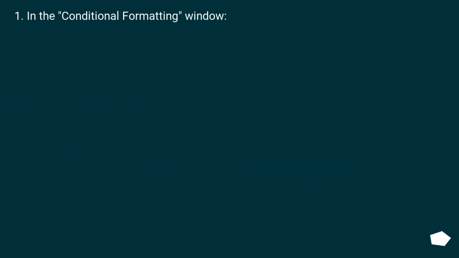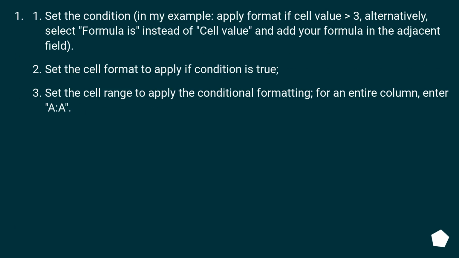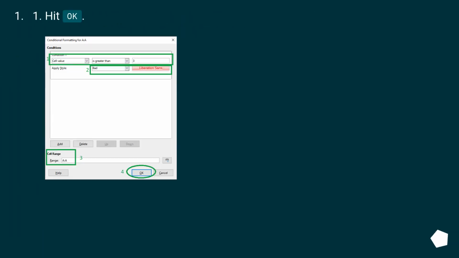In the Conditional Formatting window, set the condition, in my example, apply format if cell value >3, alternatively, select formula is instead of cell value and add your formula in the adjacent field. Set the cell format to apply if condition is true. Set the cell range to apply the conditional formatting, for an entire column, enter A:A. Hit OK.